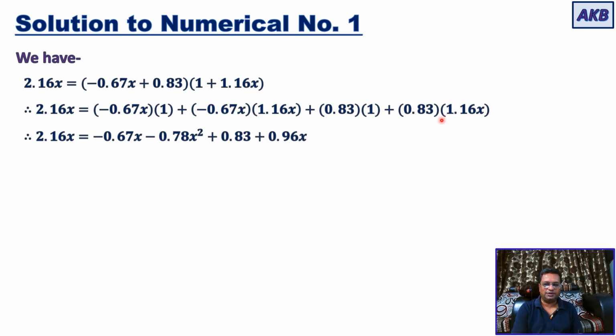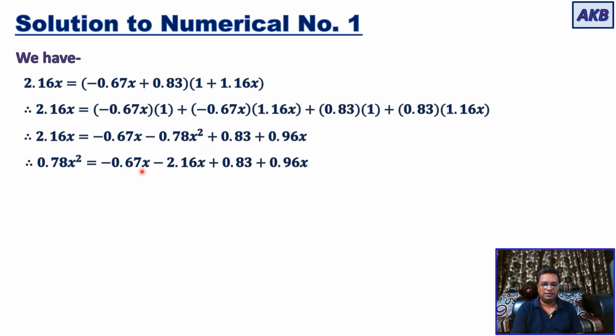Again after simplifying it, further simplification gives us 0.78x square is equal to minus 0.67x minus 2.16x plus 0.83 plus 0.96x. So what I have done, I have brought this minus 0.78x square on this side and I have taken 2.16x on this side.